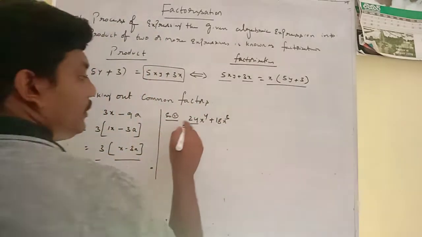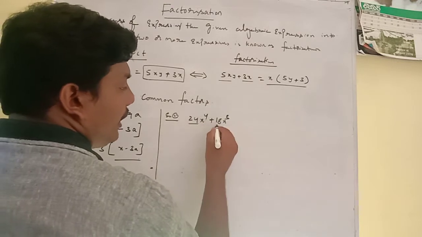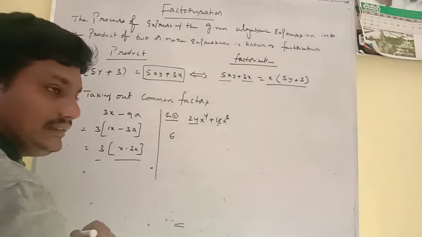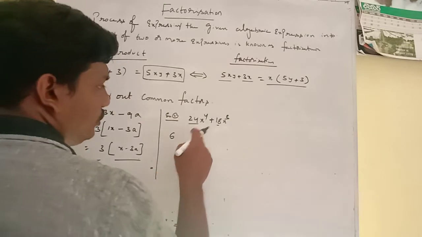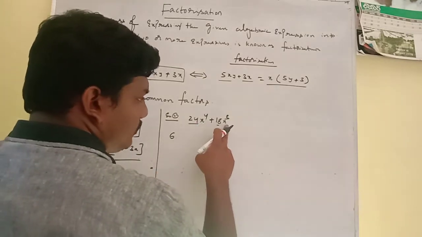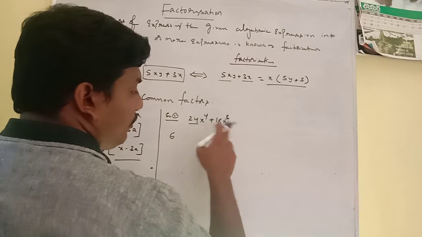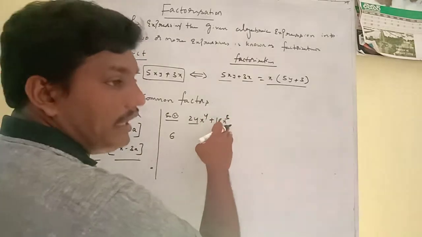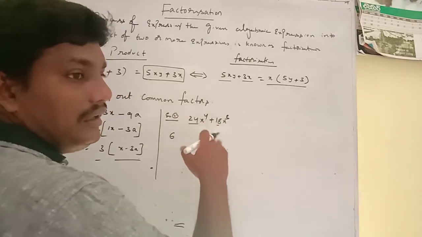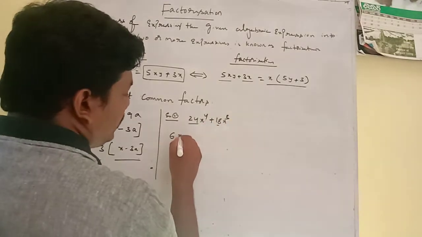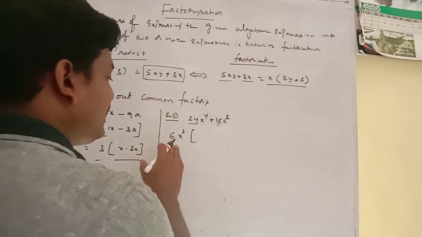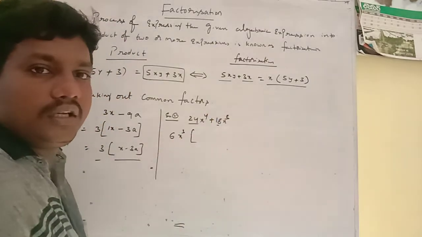Here 24 and 18 are both in the 6 table, so we can take 6 outside. Also, we have x power 4 and x power 3. In both, x is commonly repeated 3 times: here 4 times and here 3 times. That's the reason I am taking x power 3 outside. When I take 6 outside, what will the numerical coefficients become?